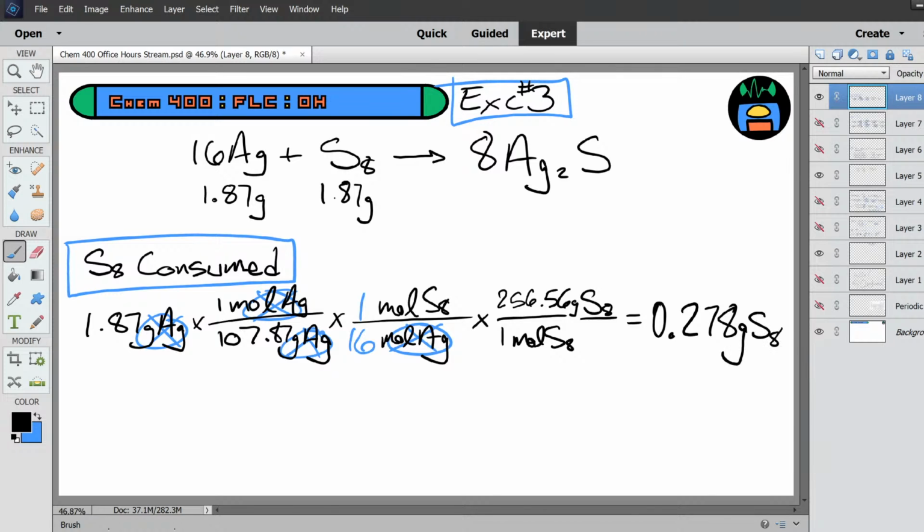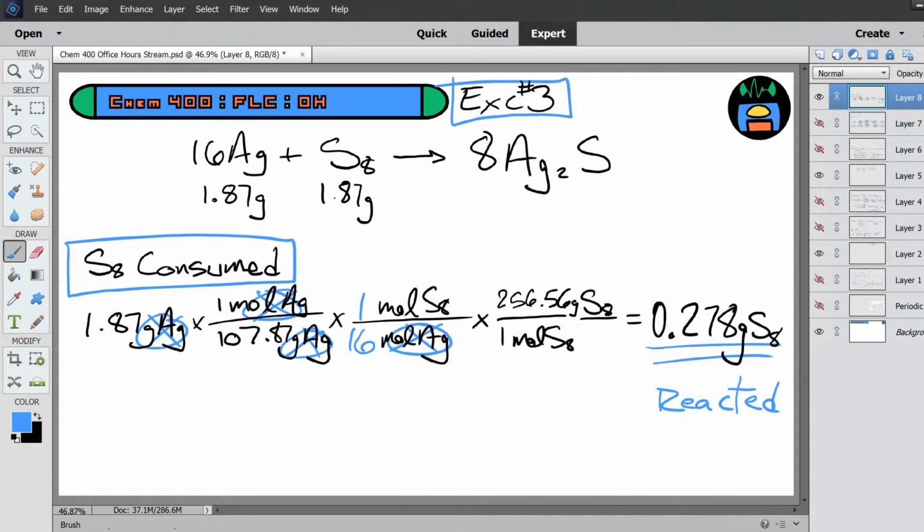And the important thing to remember, what we just calculated, is this is the amount that reacts. That is the mass that reacted.